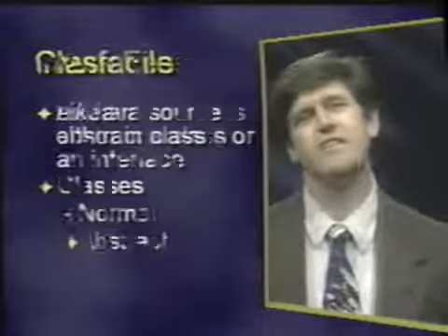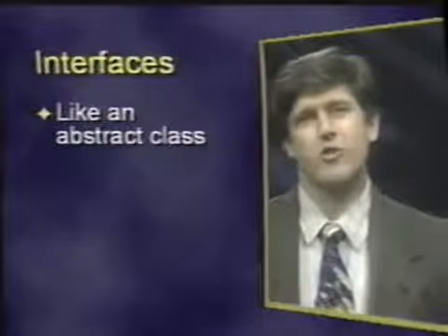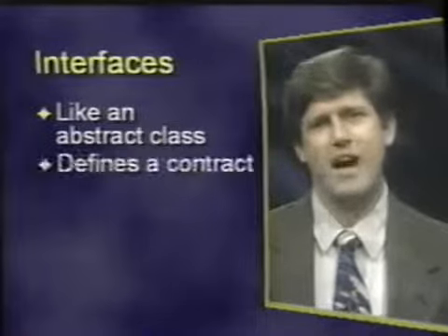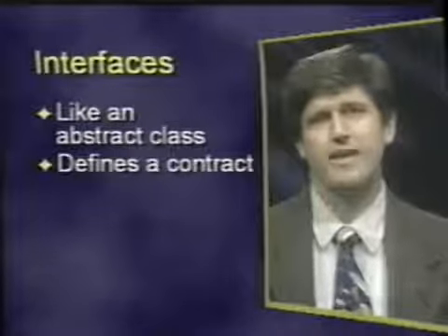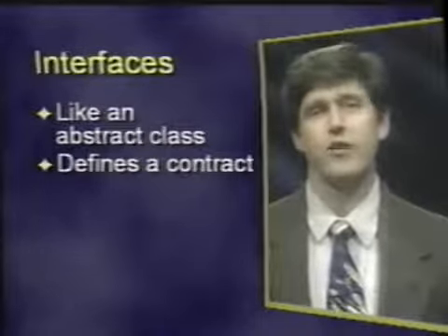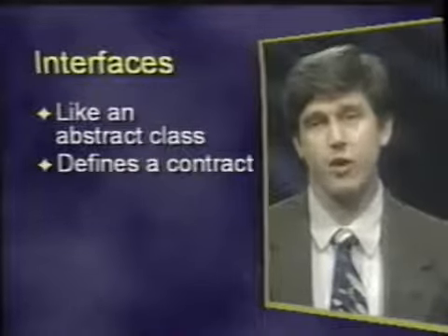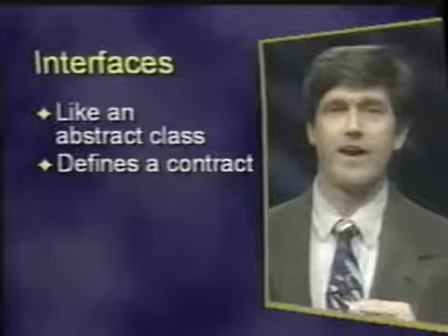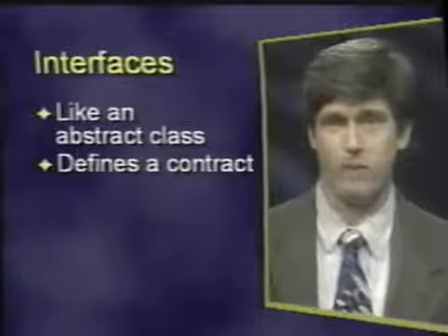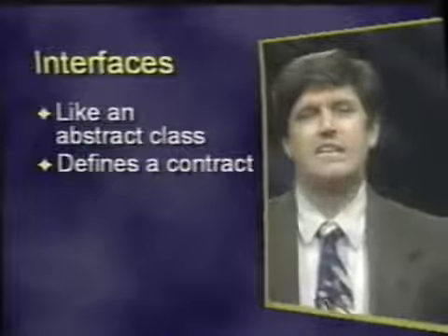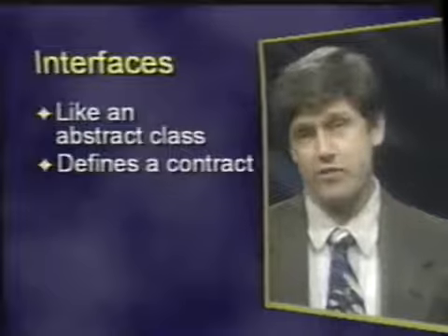Now, an interface is very similar to an abstract class, except an interface essentially defines a contract with a programmer. It lists a set of methods or procedures that you guarantee to implement in your code when you implement this interface. So it allows a well-defined interface into your code. In the Java inheritance model, we have a linear inheritance.